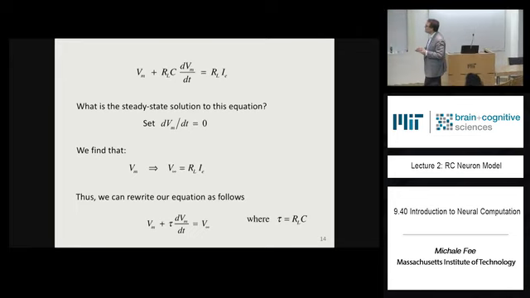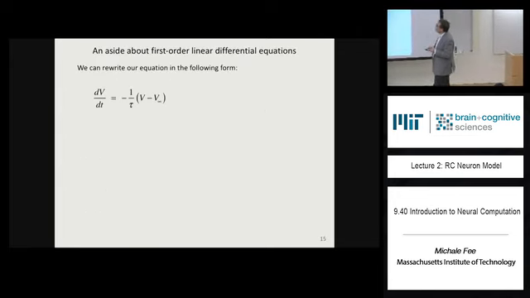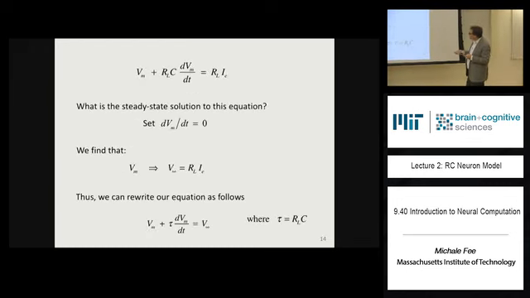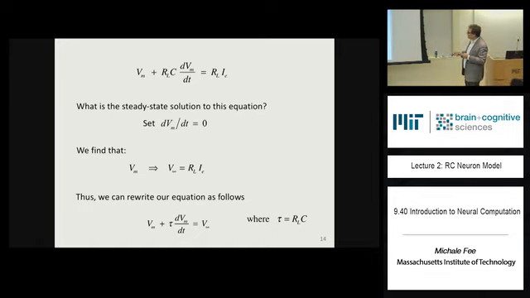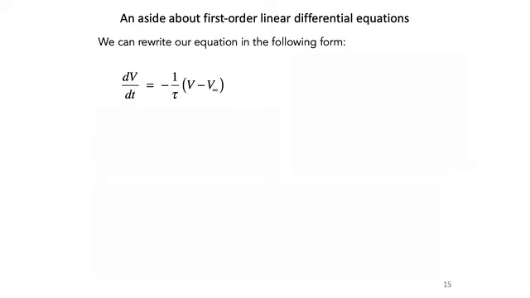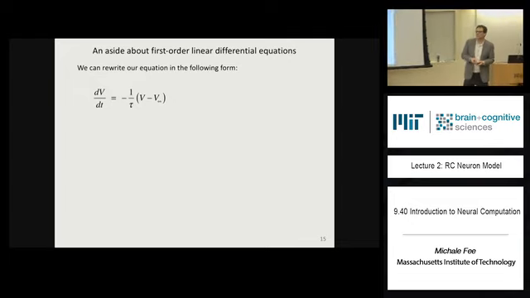So what does this mean? So let's rewrite this equation a little bit. Let's move this term to the other side and divide both sides by tau. And here's what you get. dV/dt equals minus 1 over tau times V minus V infinity. Okay?